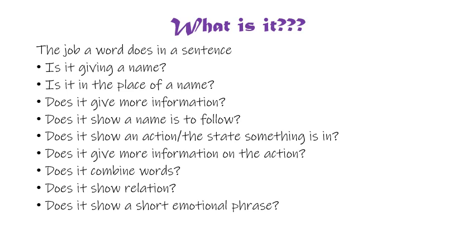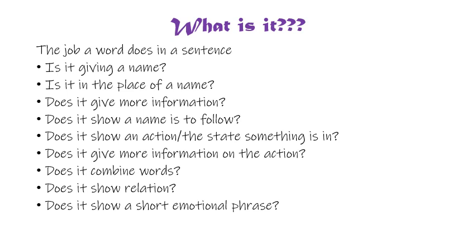Is the word giving a name? Is it in the place of a name? Does it give more information? Does it show that a name is to follow? Does it show an action or the state something is in? Does it give more information on the action? Does it combine words or phrases or clauses or sentences? Does it show relation, where something is in relation to something else?